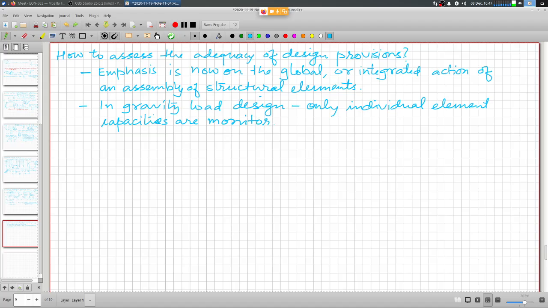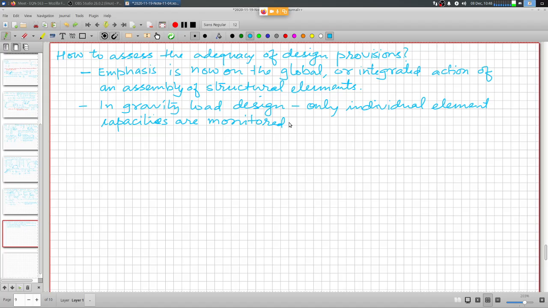For a gravity load design, you simply carry out the analysis, find out the actions on the beams and the columns, bending moment, shear force, and work out whatever is required, and the moment capacities are provided in the individual elements, and that's how you define the cross section and the reinforcement details in the members, and get done with it.